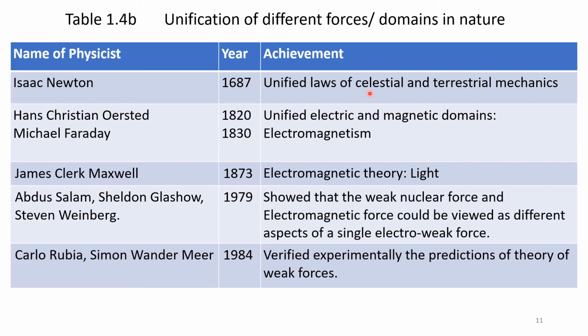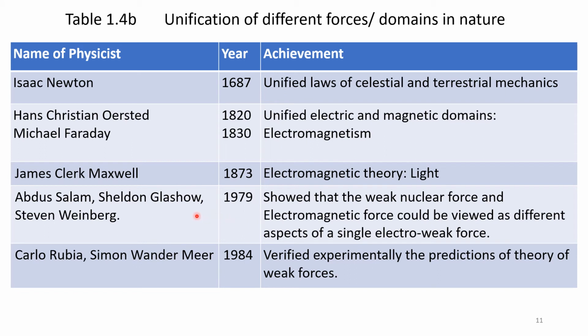Hans Christian Oersted and Michael Faraday, in the years 1820 to 1830, unified electric and magnetic domains and developed theories of electromagnetism. James Maxwell in 1873 gave the electromagnetic theory of light.